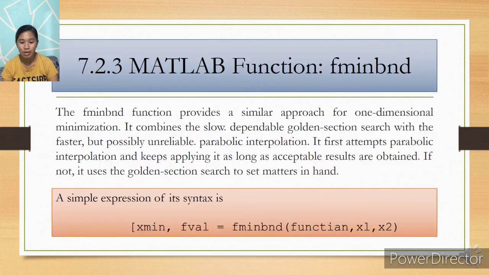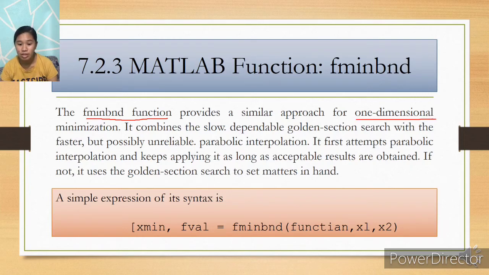So next we have the MATLAB function fminbnd. Recall that we described the built-in MATLAB function fzero. This function combines several root-finding methods into a single algorithm that balances reliability with efficiency. The fminbnd function provides a similar approach for one-dimensional minimization.